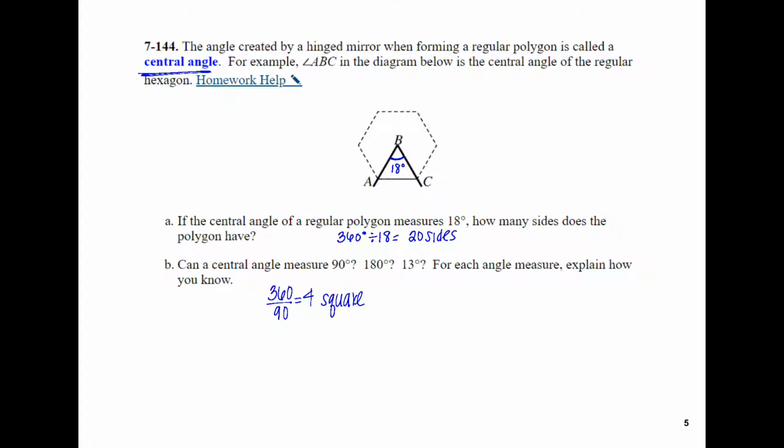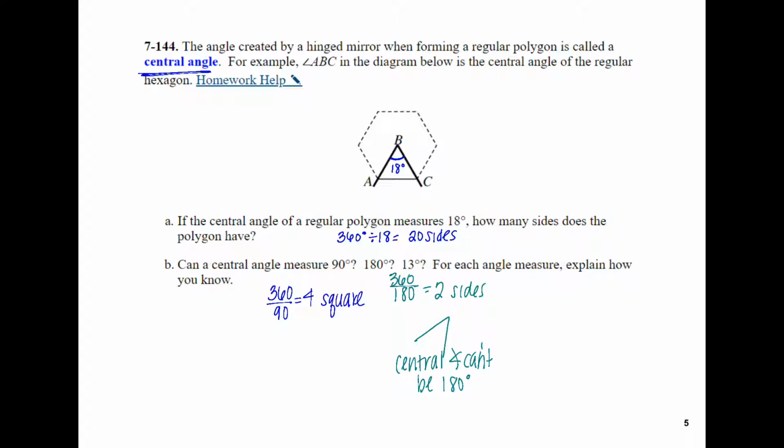If we look at 180 degrees and we take 360 and divide by 180 degrees, this polygon would only have 2 sides, which no matter how we place them, could not connect. So the central angle can't be 180 degrees because it wouldn't form a polygon.